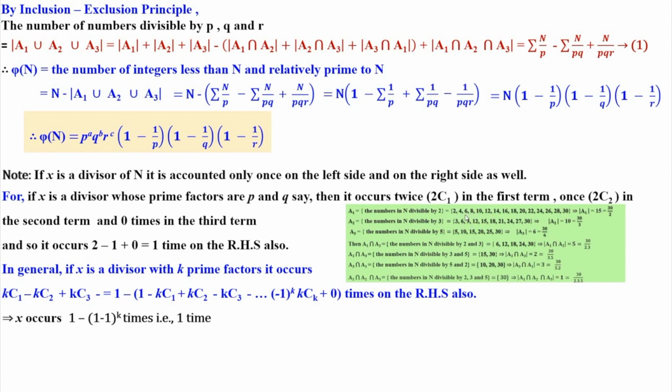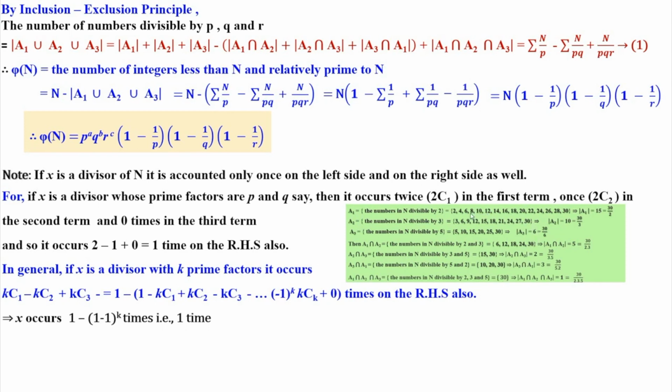6 occurs only twice. And how about in the next set? So it occurs only once, because you don't find 6 here. Here it is there, here and here you don't have 6. So it occurs only once. It occurs twice in the first term. These correspond to the first term, these correspond to the second, and this one to the last.